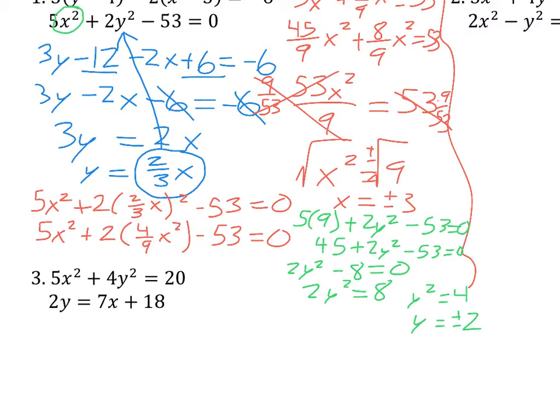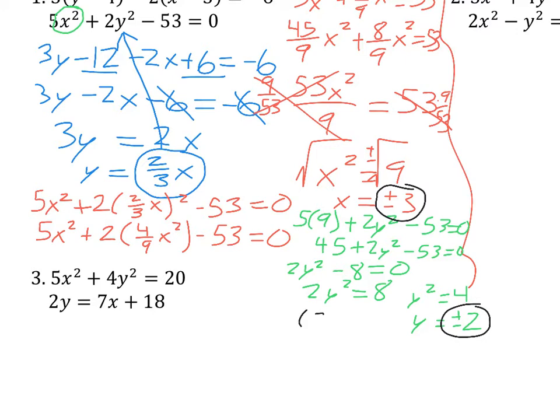And now we have to write our final answer as coordinates. So we actually have 4 answers. So 2 possibilities for x, 2 possibilities for y, which means 4 possibilities altogether.